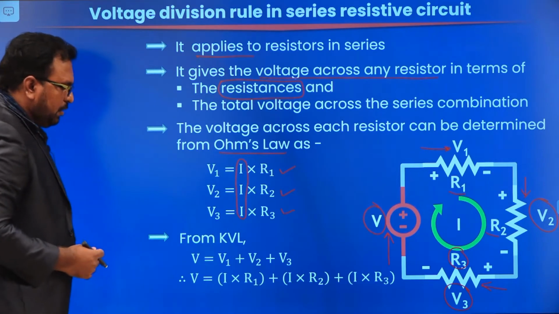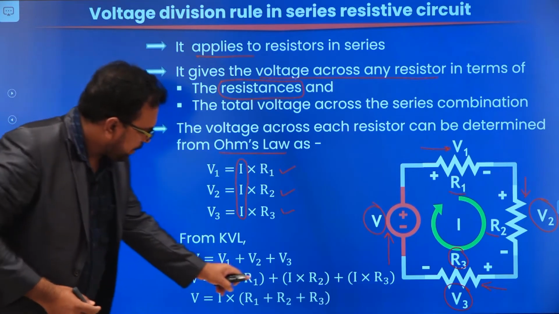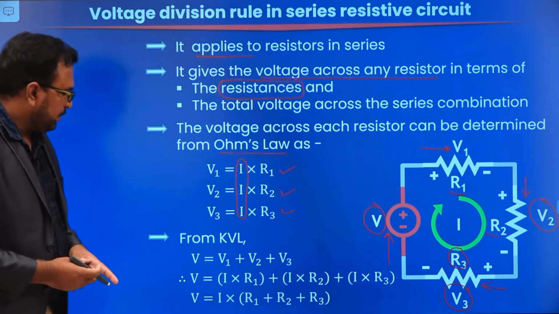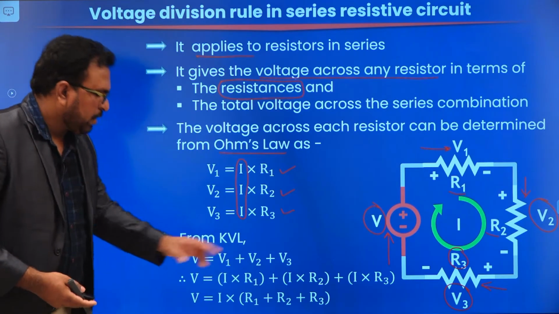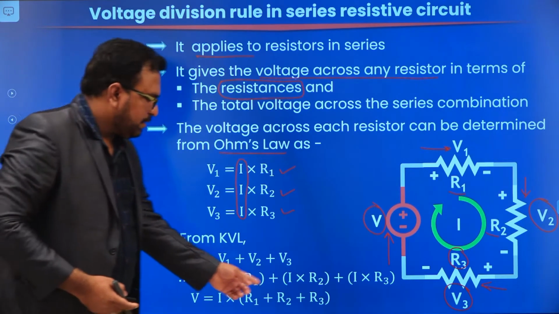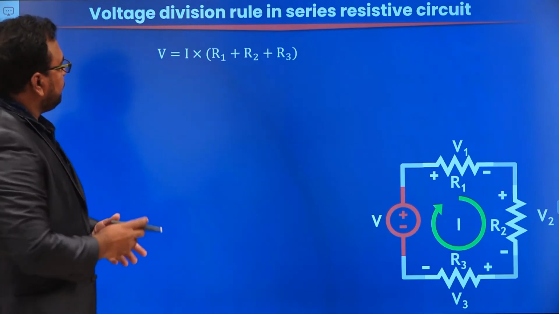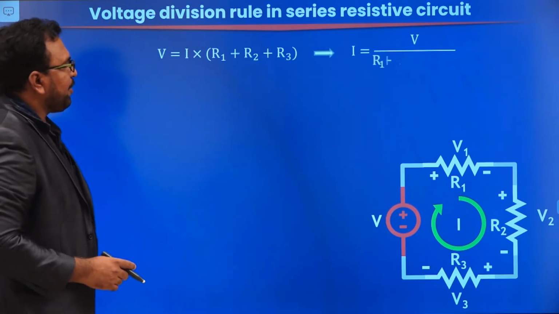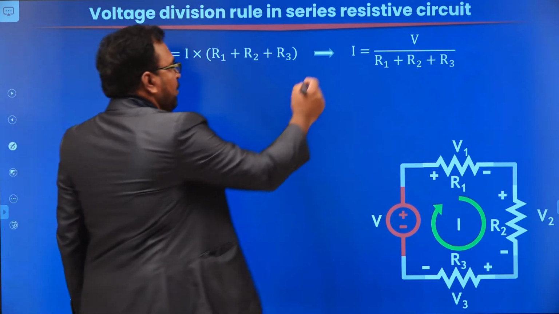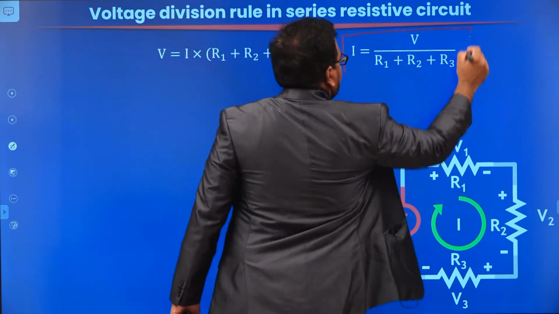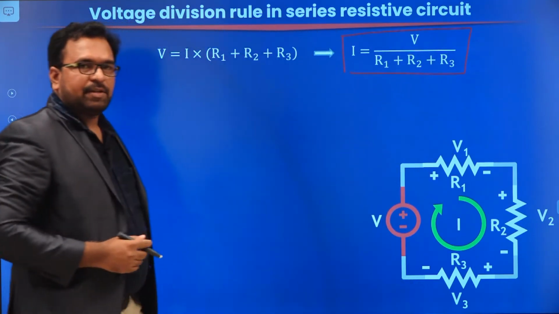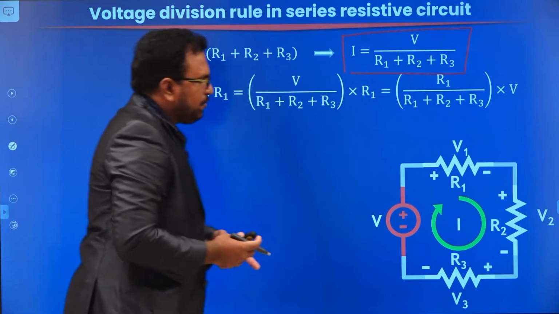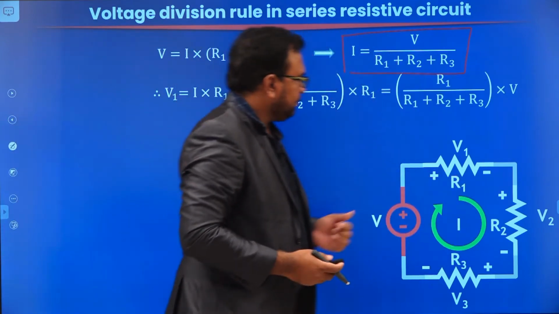If you take the common term I out, you get V is equal to I into R1 plus R2 plus R3. From this equation, the current I is V divided by R1 plus R2 plus R3.